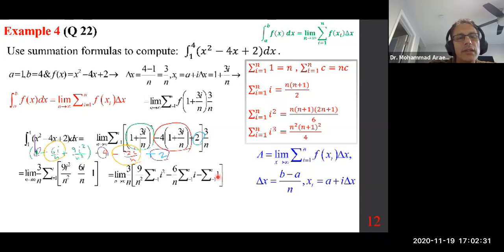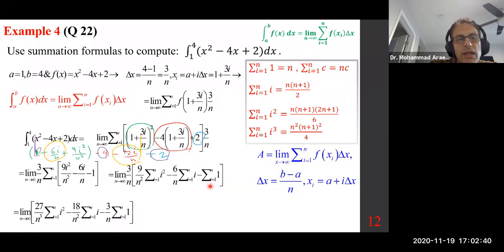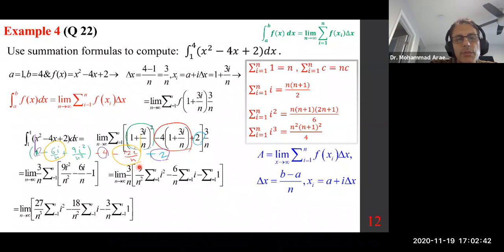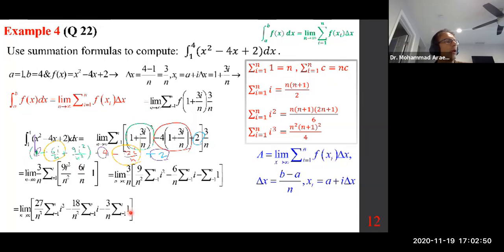And we can apply the 3 over n by this one, and by this one, and by this one. So we can distribute the 3 over n. So this becomes 27 over n cubed. This becomes minus 18 over n squared, and this one minus 3 over n times summation of 1. Now let's do one by one.